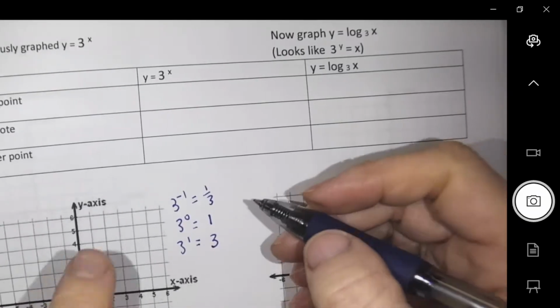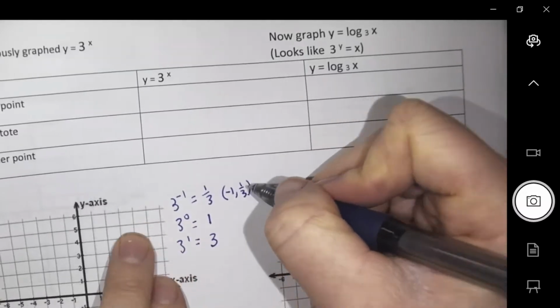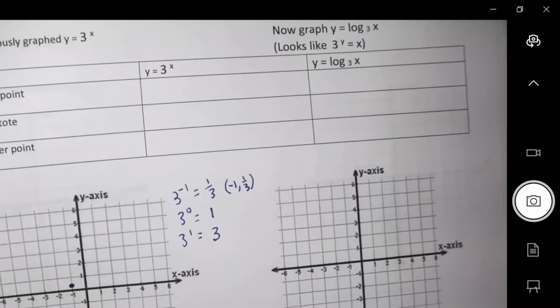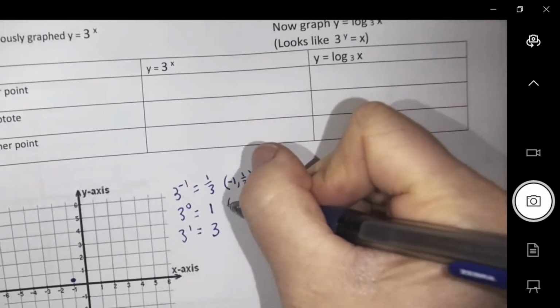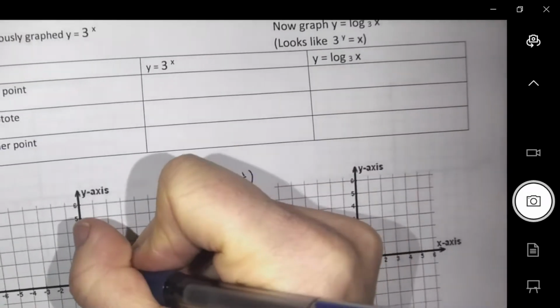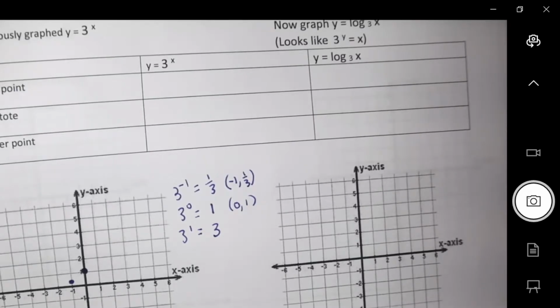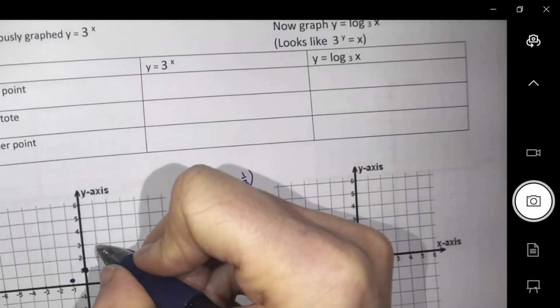So if this is an exponential, the coordinate would be negative 1 comma 1/3. This coordinate would be 0 comma 1. And this coordinate would be 1 comma 3.